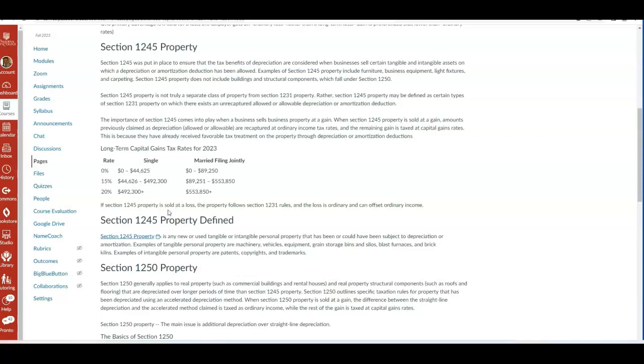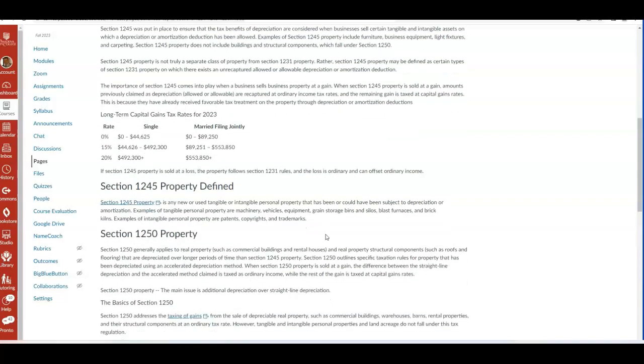If Section 1245 property is sold at a loss, the property follows Section 1231 rules. And the loss, which is very good, is ordinary and offsets ordinary income. That's fantastic, since you can write it off against ordinary income. Okay, what is 1245 property defined in a nutshell?